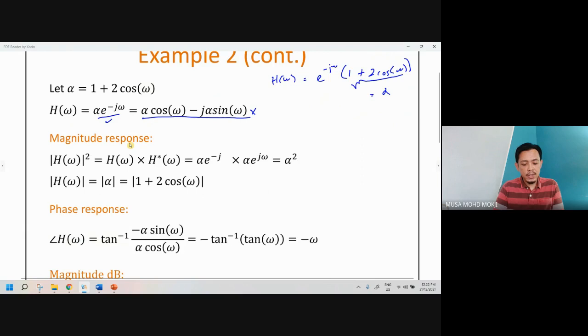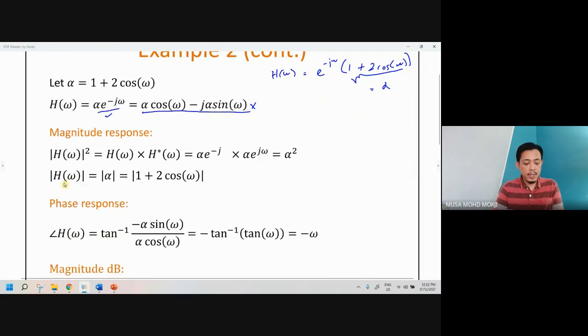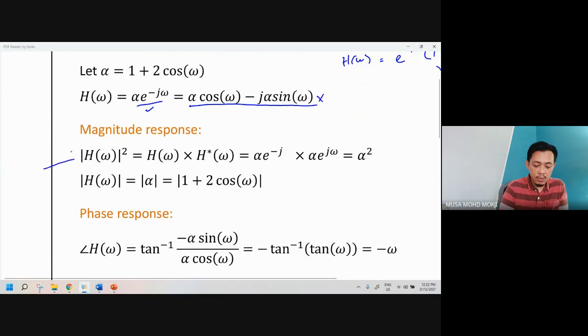So what is the magnitude response? The magnitude response is this one, the absolute value of H omega. But we have another one, which previously we know is energy, or sometimes we simply call it the magnitude square. Of course we can get the magnitude from the magnitude square: you take the square root of the magnitude square and you get this one easily.